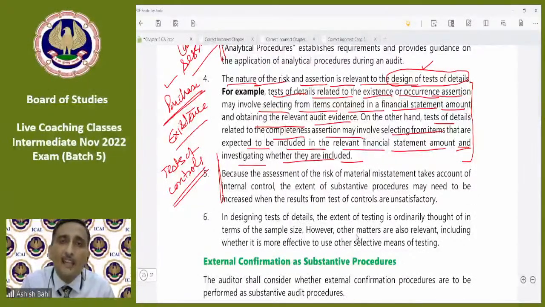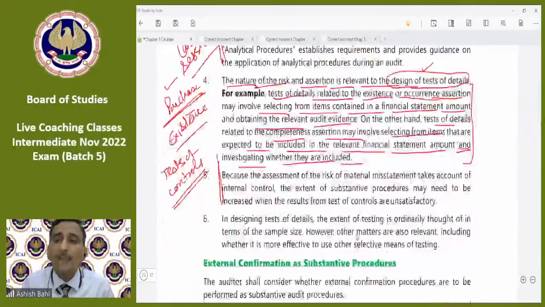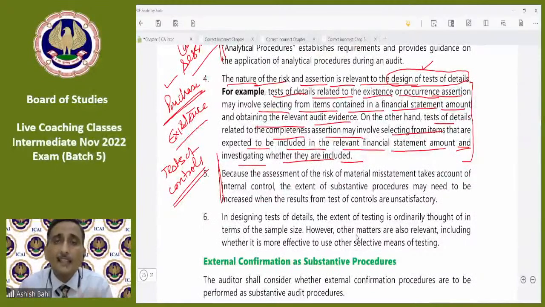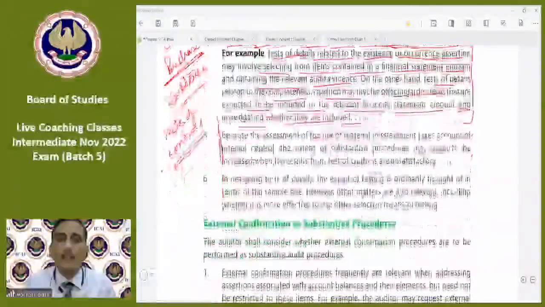He would increase substantive procedures. So is that clear to you now, guys? And this relationship is very important. You have to understand this in very simple terms. From the understanding point of view, this is very important. Is it clear to you, guys?